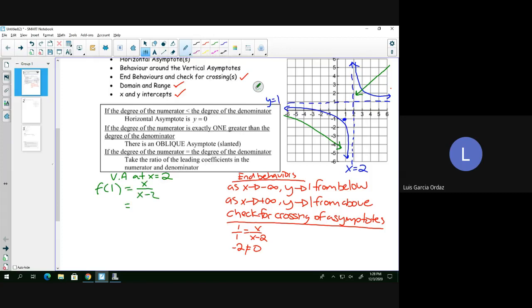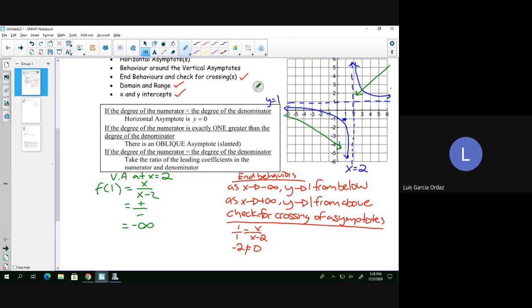So we don't necessarily have to calculate a number, okay? All we have to do is to determine the sign, okay? So if we sub in x for 1, we get a positive in the numerator and a negative in the denominator, okay? Which means that if we approach 2 from the left, these numbers are going to be approaching negative infinity, okay?